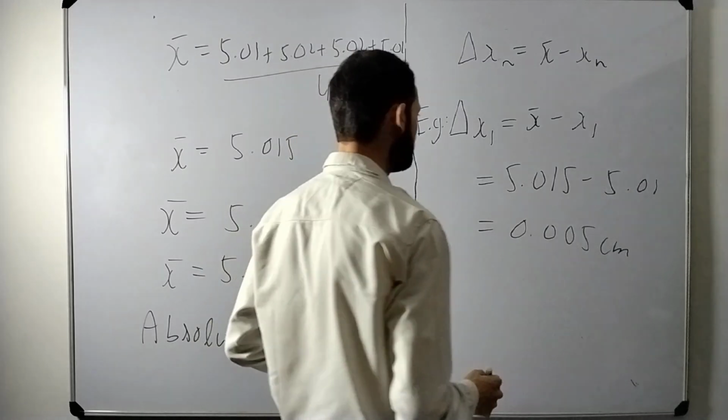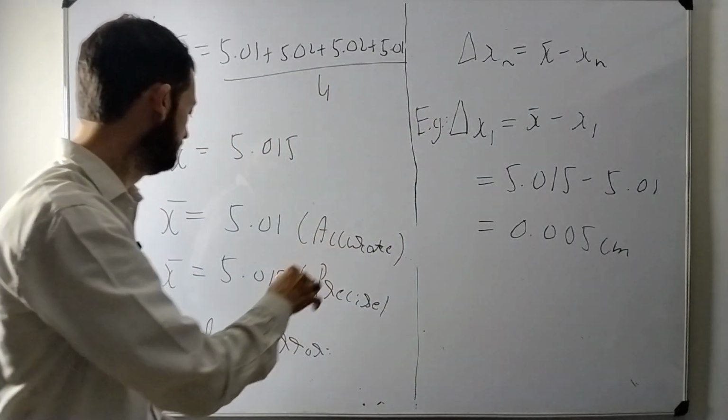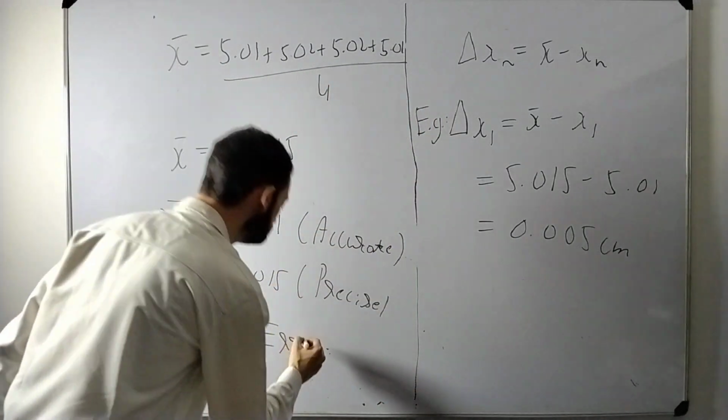So mean absolute error becomes, this is the del x1, absolute error.